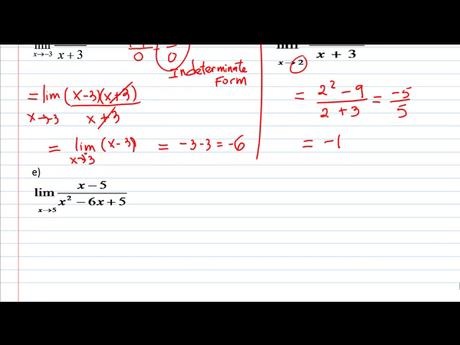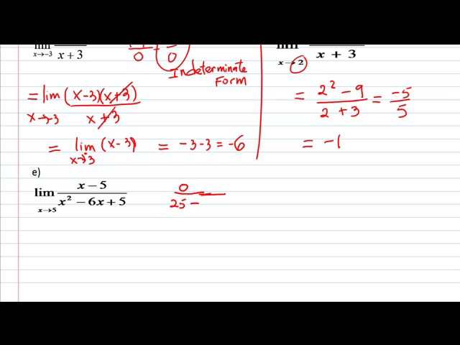Last example. Now, if you're not sure if 5 belongs to the domain of this function or not, the best way is to try to substitute the 5 inside and see if you have 0 over 0 or not. So 5 minus 5 is 0. I have 25 because x squared, I put 5 inside.